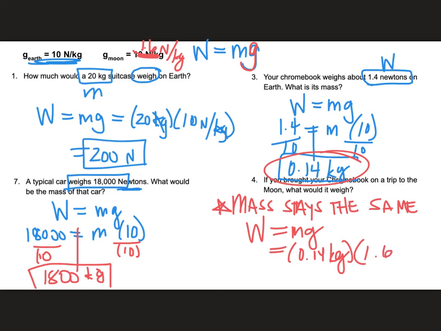So 1.6 newtons per kilogram. This will end up in newtons. The kilograms cancel. So I just multiply my numbers. 0.14 times 1.6 is 0.224 newtons.